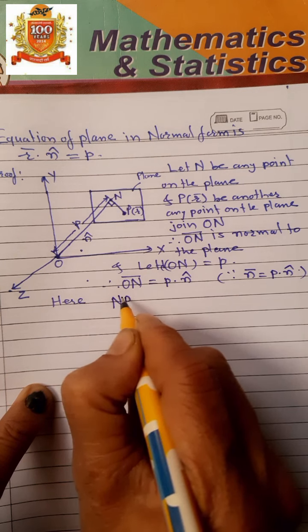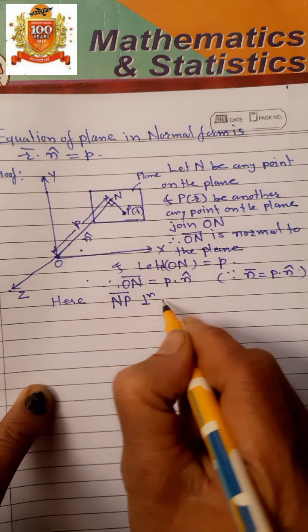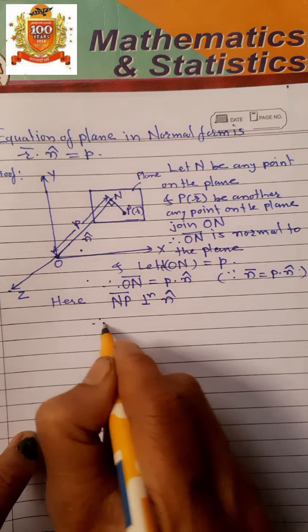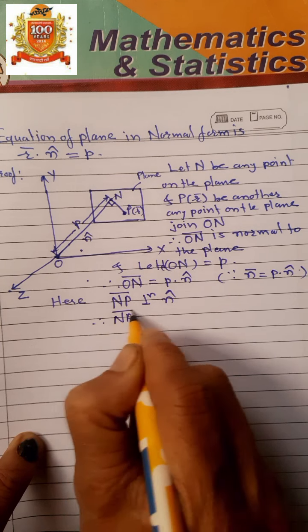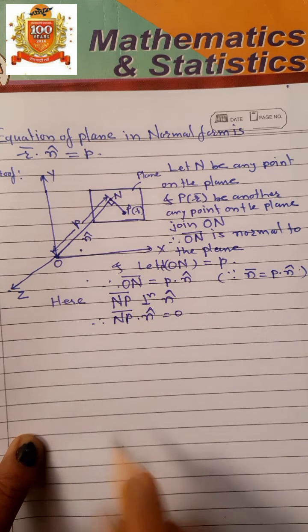Here NP bar is perpendicular to n cap. Therefore, NP bar dot n cap is equal to 0, isn't it?